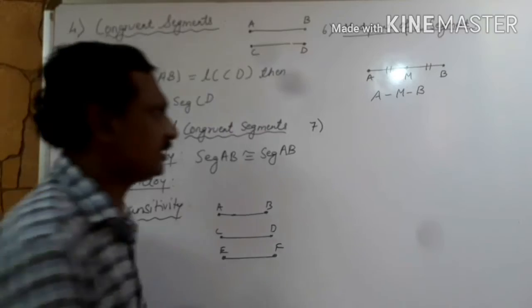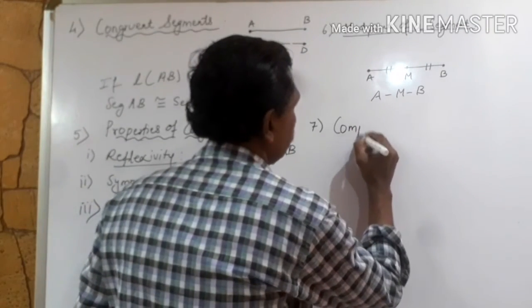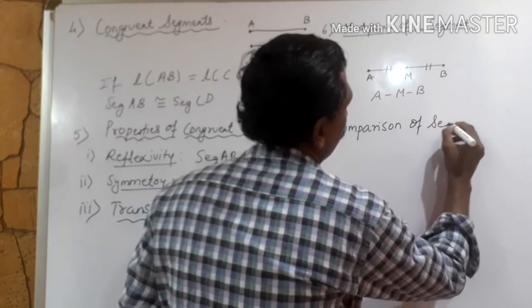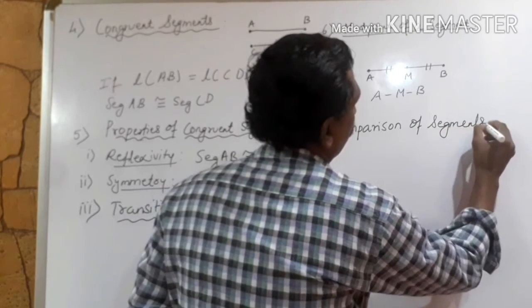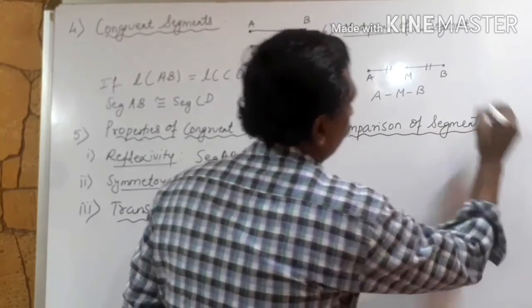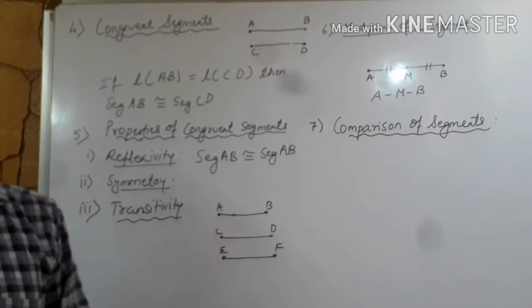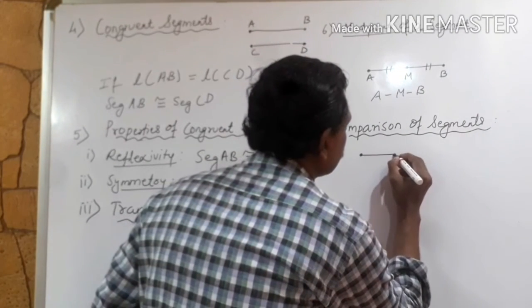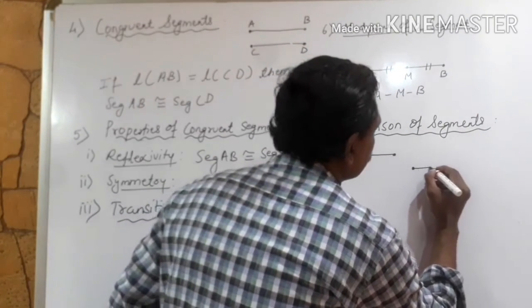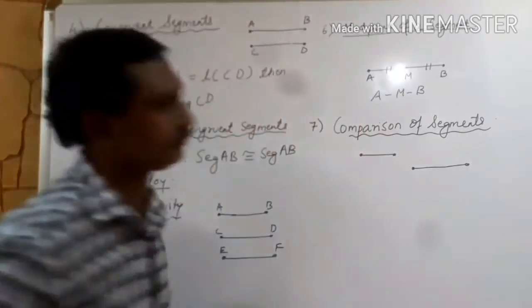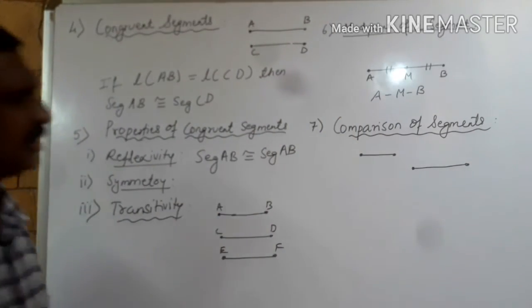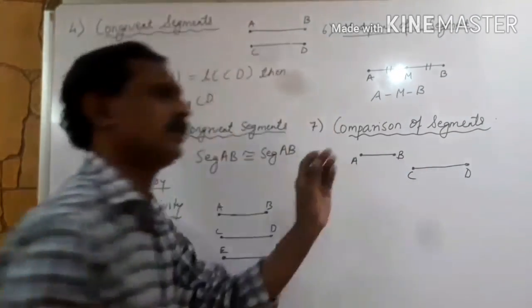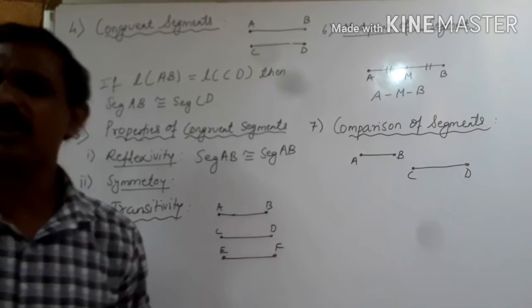Now let's compare certain segments. Comparison of segments. Let's draw two line segments, AB and CD.